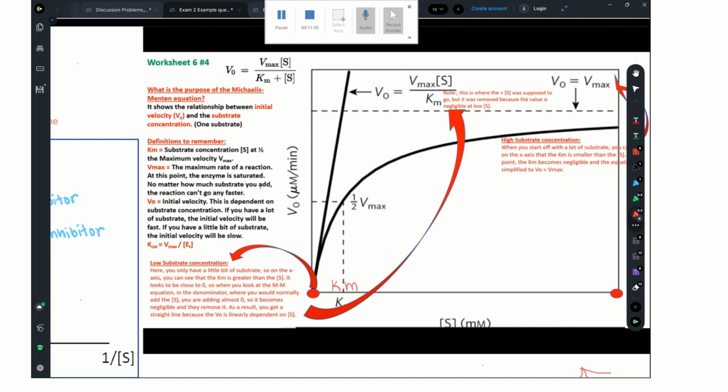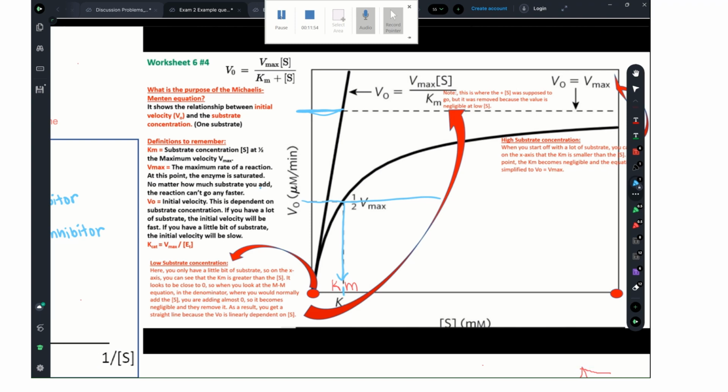Now, definitions to remember. Km is the substrate concentration at half of the maximum velocity. So for example, here we have the maximum velocity, and half of the maximum velocity would be here. If you take that all the way down, that number right here will be your Km.